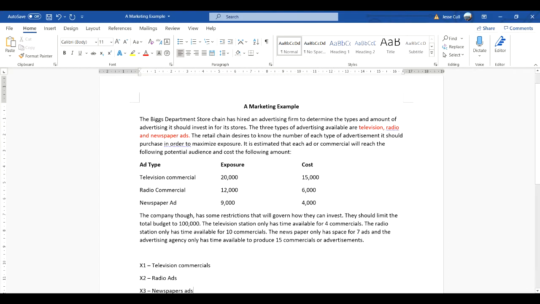And what this represents is X1 and X2 and X3 represent our decision variables. So the retail chain store up here desires to know the number of each type of advertisements it should purchase in order to maximize exposure. So we'll highlight this because this tells us that we're trying to max Z, where Z is exposure.